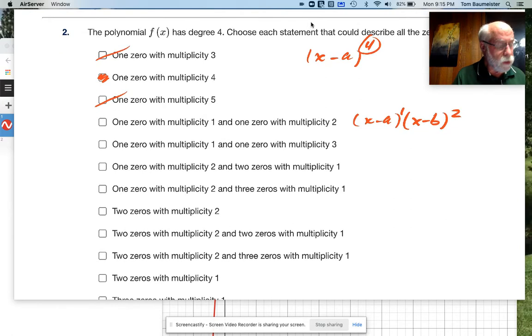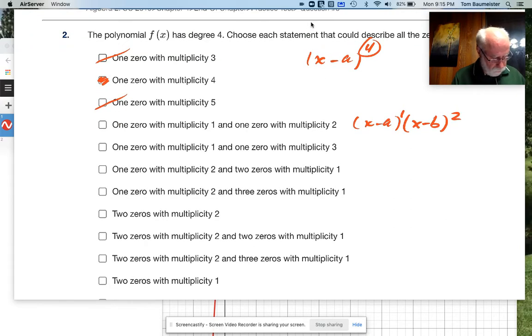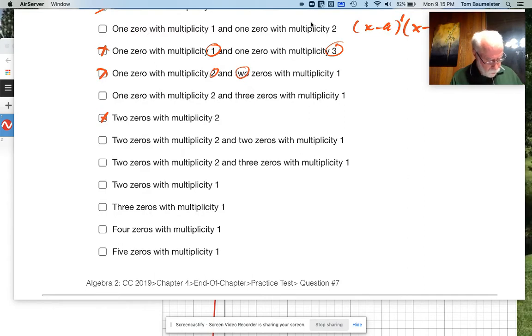And so what you should see is 1 zero with multiplicity of 1 and 3. So those add up to 4. 1 zero with a multiplicity of 2 and 2 zeros, so that one will work. 2 zeros with multiplicity of 2, that one works. And finally, 4 zeros with multiplicity of 1.